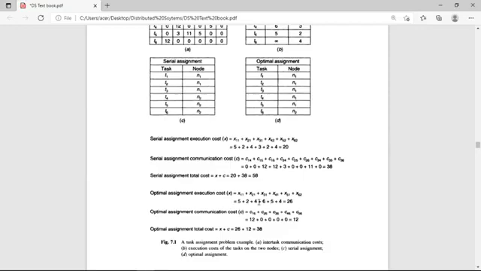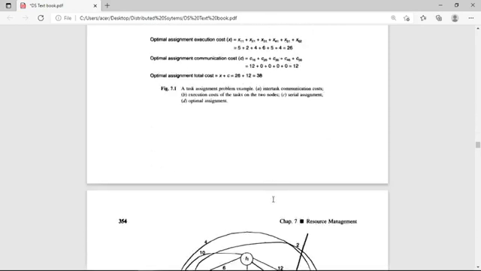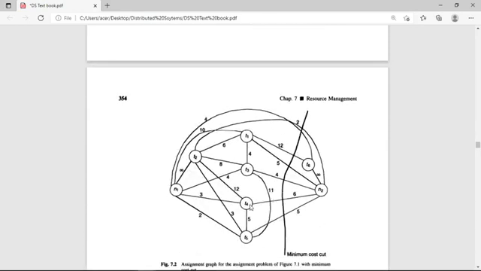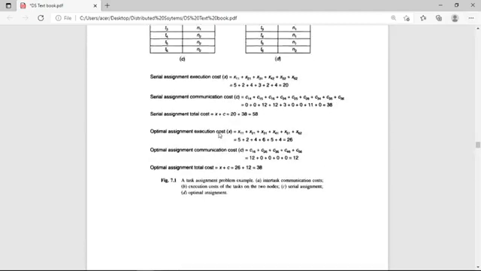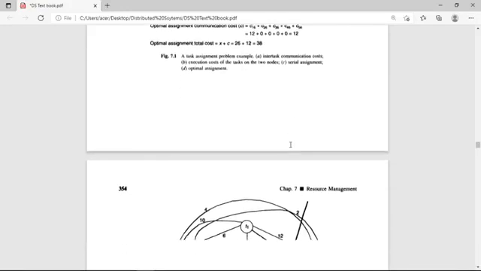We need not check up to here. Check this one. Task 4 is assigned to node 1, that is 3. We have to check here, not in that table. The edge will have that cost. Like that, 6 plus 5 plus 4, we will get the cost that is assigned to T2 to T6.